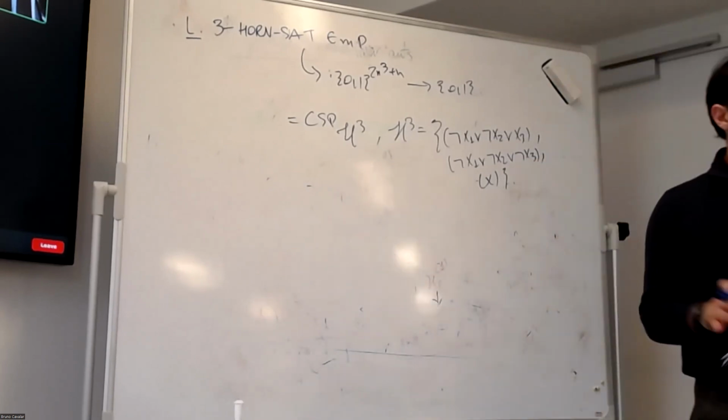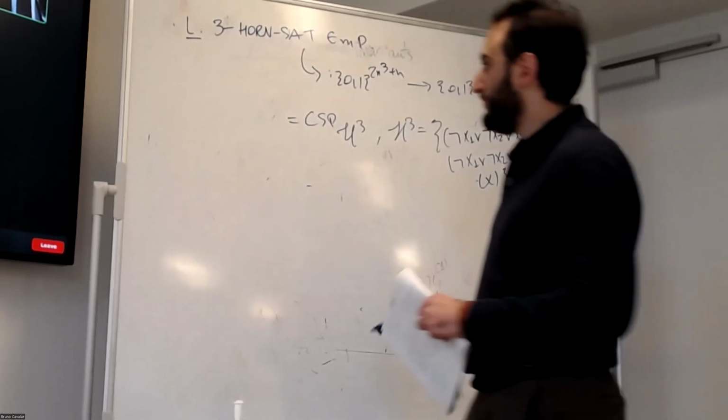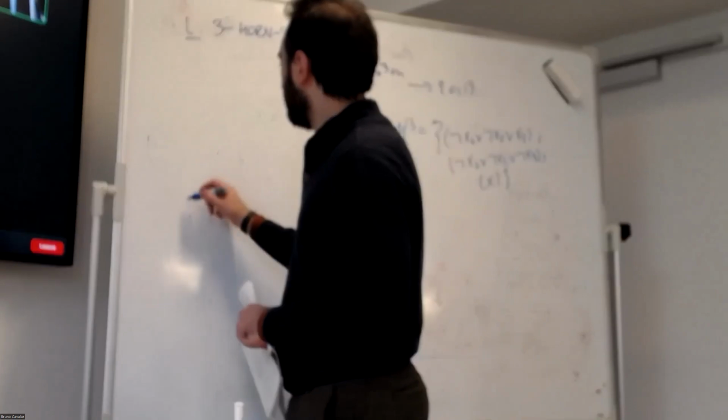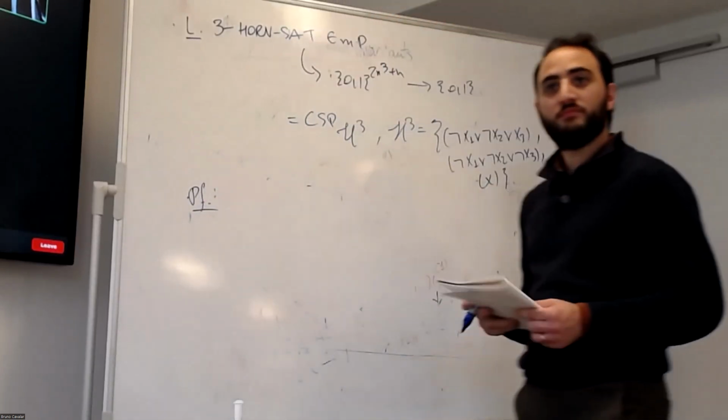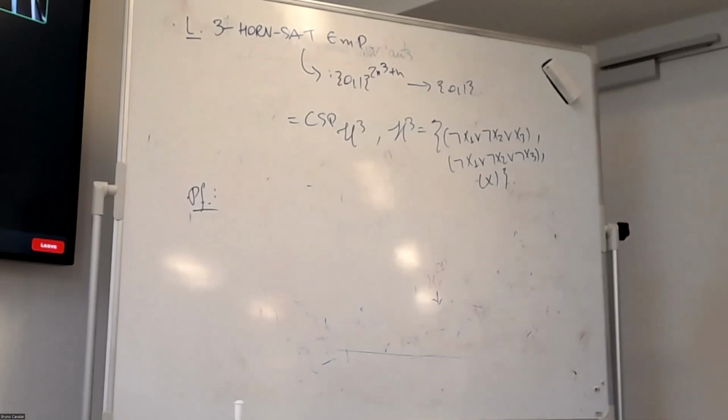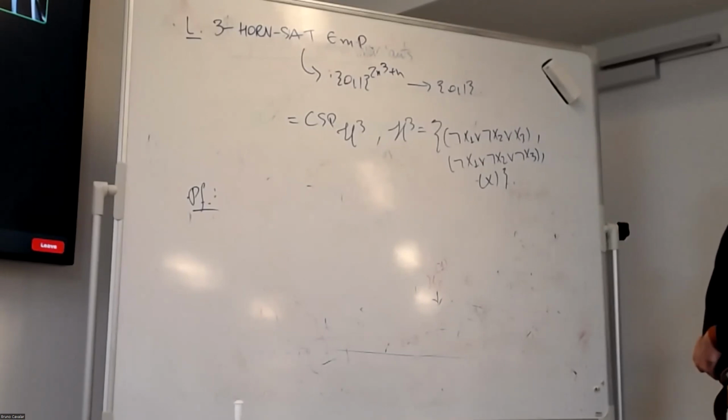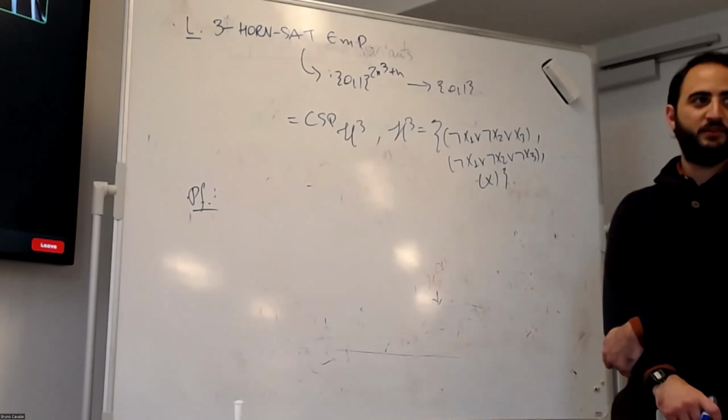So how do you compute this? We do a reduction. The definition of the 3-Horn set is all-negative 3-clauses, or a 3-clause with one positive literal only, or like a unit positive literal. That's enough for every Horn clause you want to write.